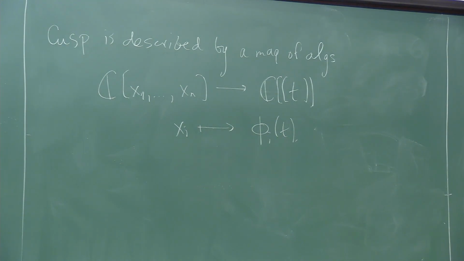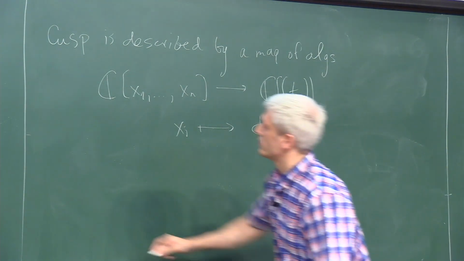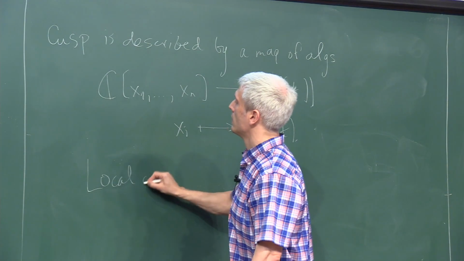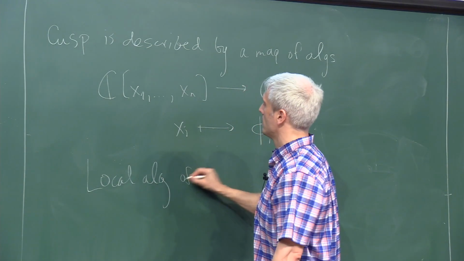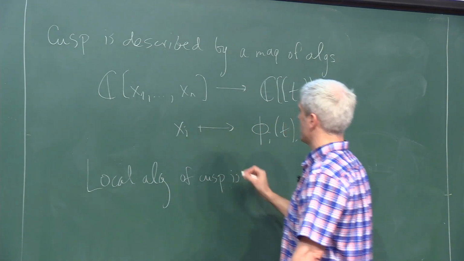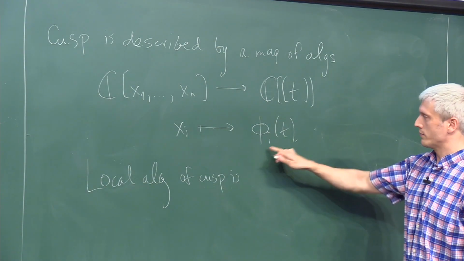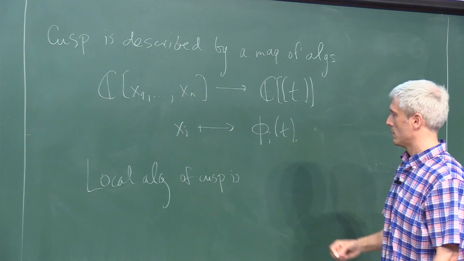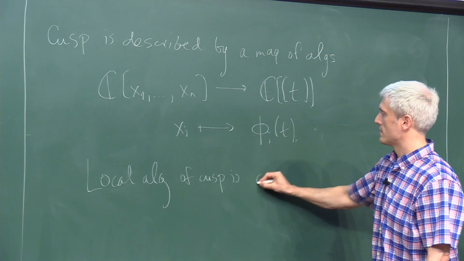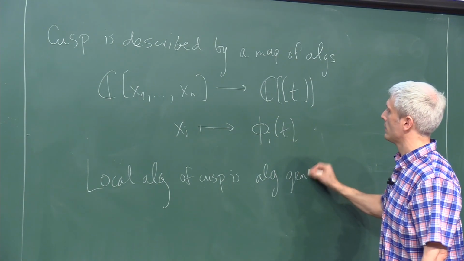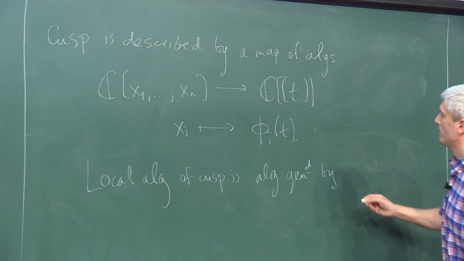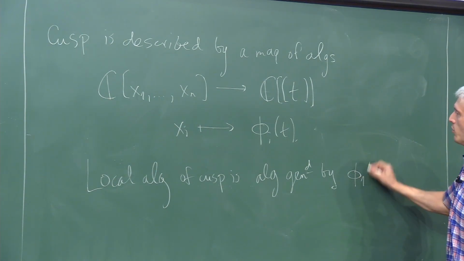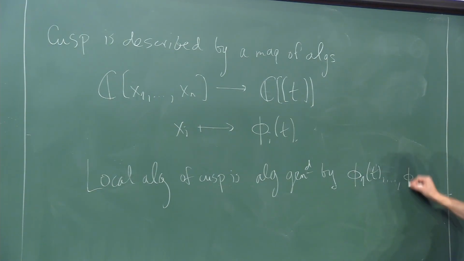In particular, the local algebra of the cusp is whatever is generated by these images, so it is the algebra generated by phi_1 up to phi_n as an algebra, multiplicatively.